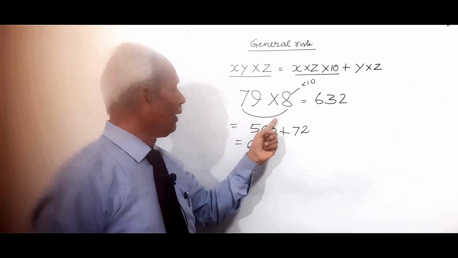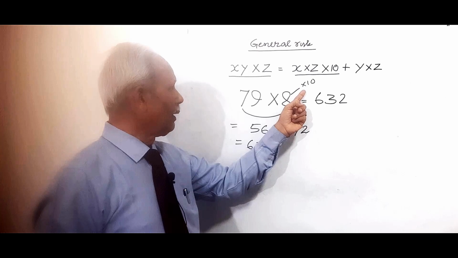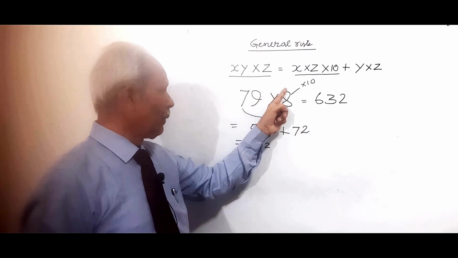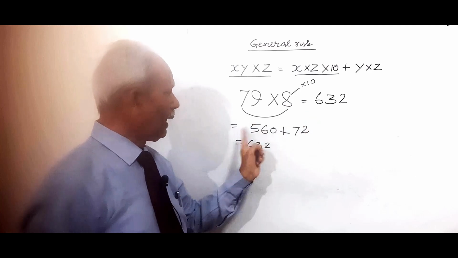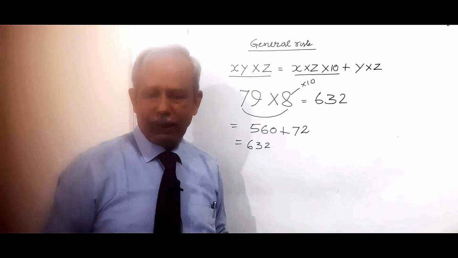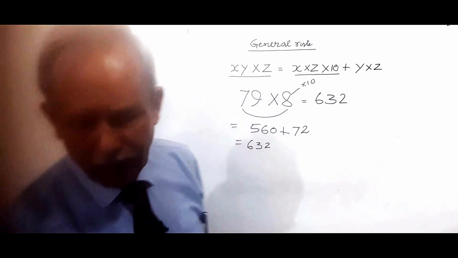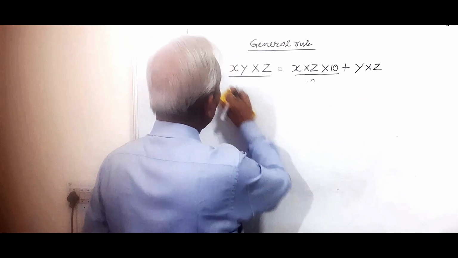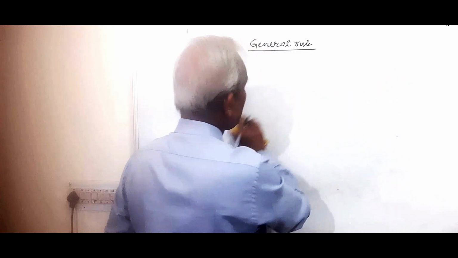First digit into the multiplier into 10, plus the second digit into the multiplier, add, and that becomes the result. So we can do any number quite easily. I hope you have understood it. So I'll give you a few examples as your exercise so that you can practice it yourself.